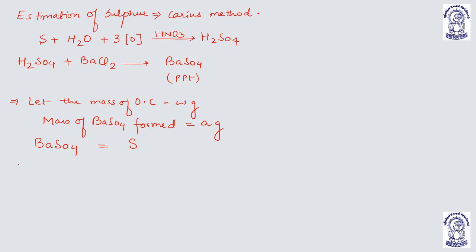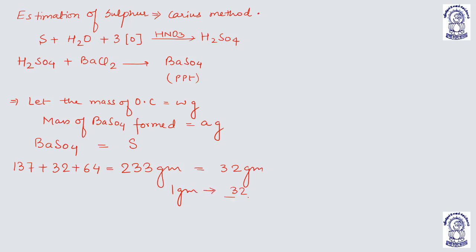Barium mass is 137 plus sulfur mass 32, plus oxygen 16 into 4, which is 64, total 233. So 233 grams of barium sulfate will give 32 grams of sulfur.